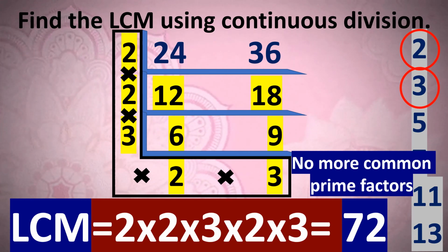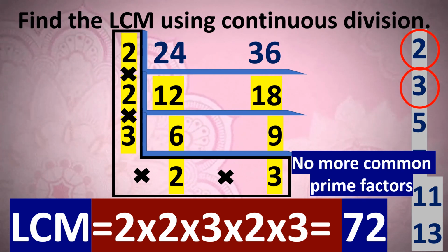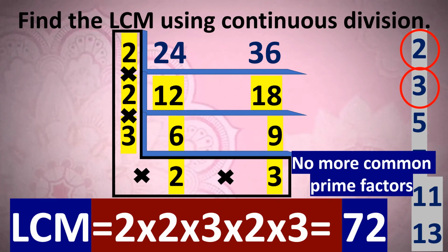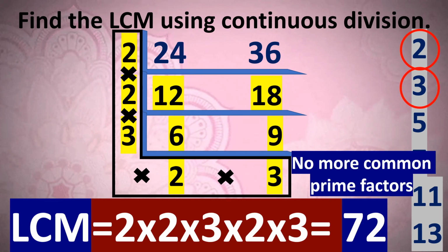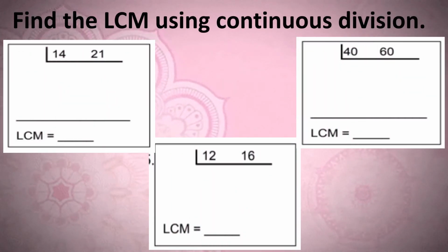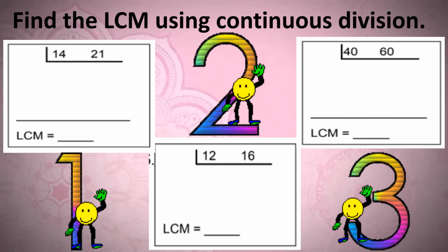So the least common multiple of the numbers is 72.